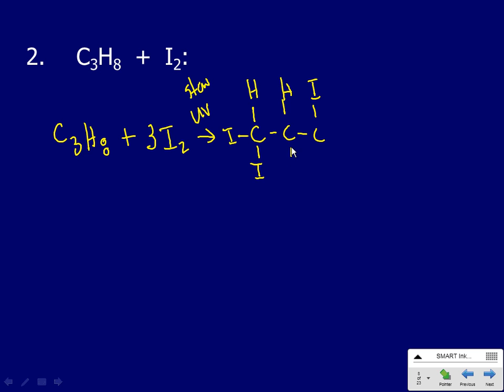Again, we've got H, H, H, and H. And the key is that one of the I's ends up on the C, and the other I ends up on the H that has come off. They form a bond. And the only reason I wanted to illustrate this was to say 2 things. 1, there's no way to predict where the H is ending up. And 2, just so that we can name this guy.